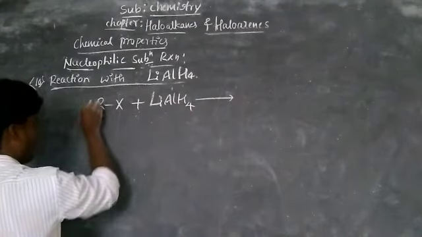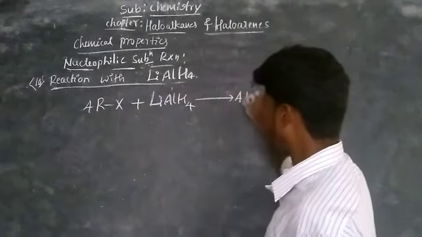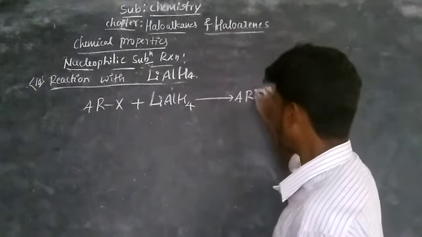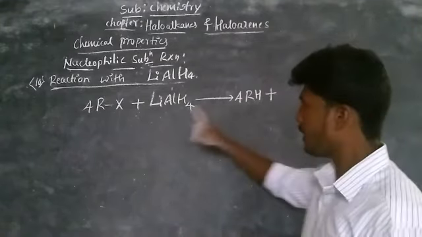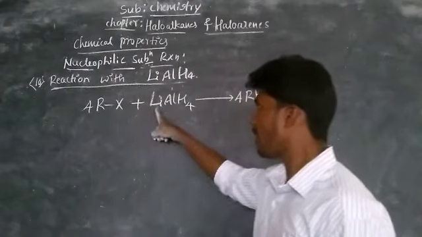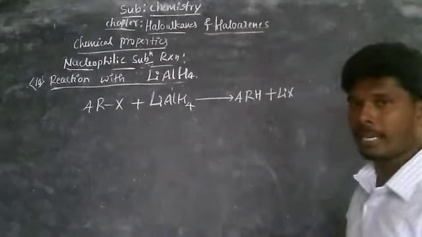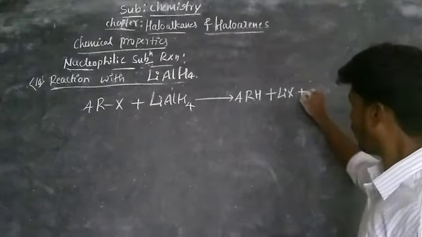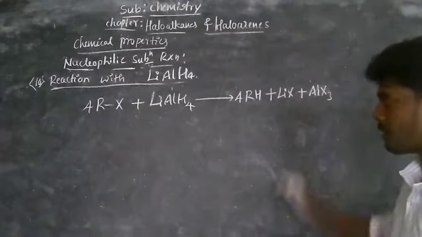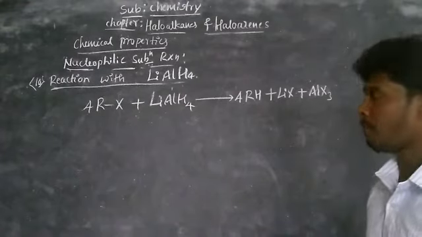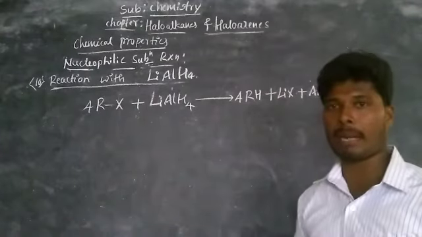Therefore, take 4 equivalents, so that you get 4 equivalents of R and hydrogens becomes 4 RH. Plus the remaining thing is 4 halogen atoms with lithium and aluminium: 1 lithium and halogen becomes lithium halide, and aluminium with the remaining 3 halides is aluminium halide. Okay, this is the balanced chemical equation.